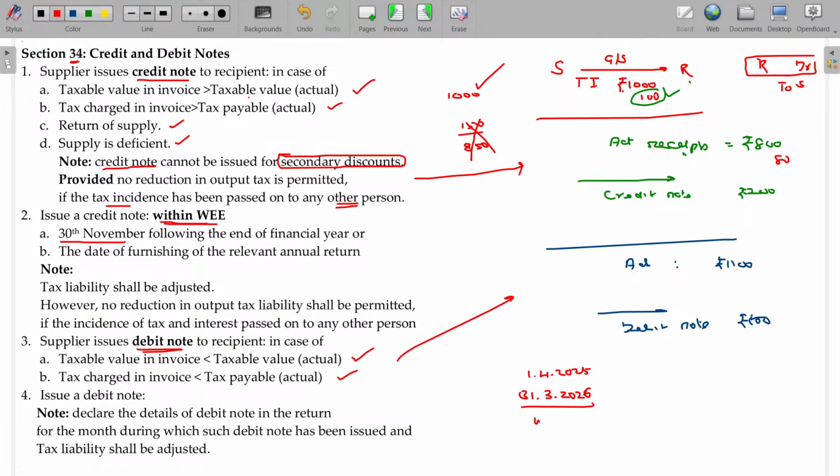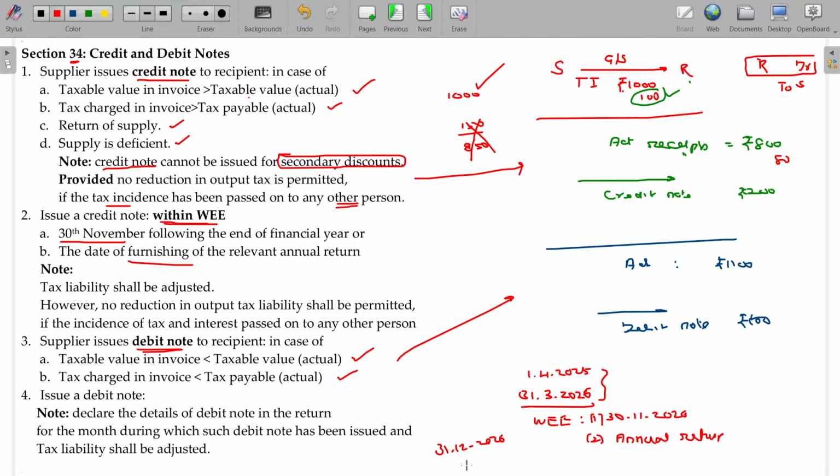Any debit note or credit note related to this financial year will be issuable up to whichever is earlier of 30th November 2026 or the date of furnishing the relevant annual return. So number one, 30th November; number two, the date of furnishing the annual return. Remember, the due date for furnishing the annual return is 31st December 2026.